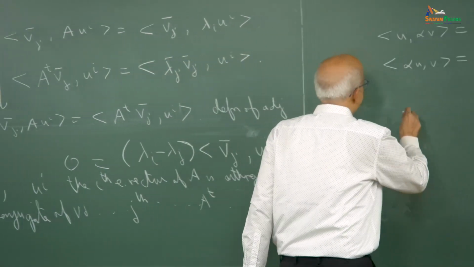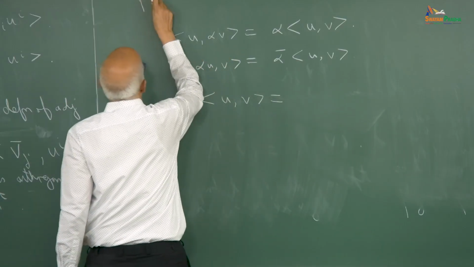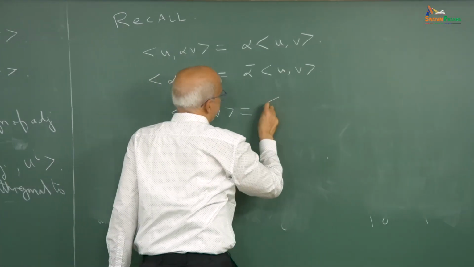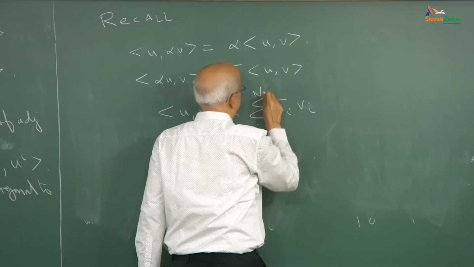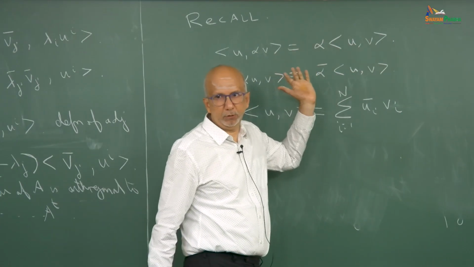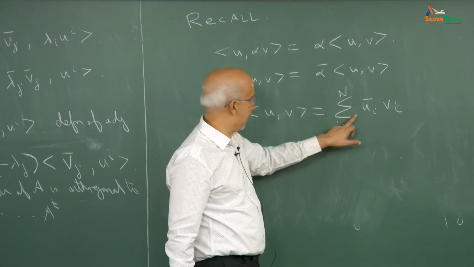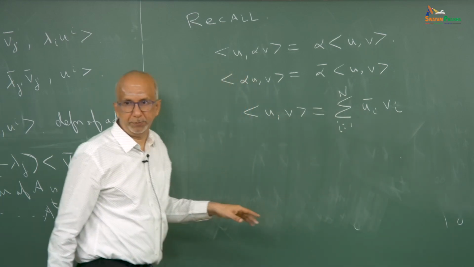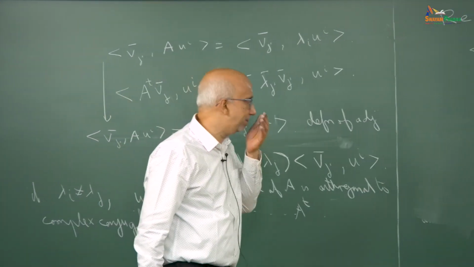Because the inner product of u with v is defined as sigma ui bar vi. So, because alpha is the second guy, there is no question of taking the complex conjugate. Alpha is the first guy. I have alpha bar if it is here, and when I take it out, I get the conjugate. Because this is already conjugated, it gets unconjugated.